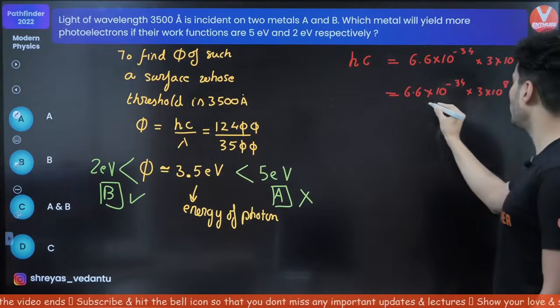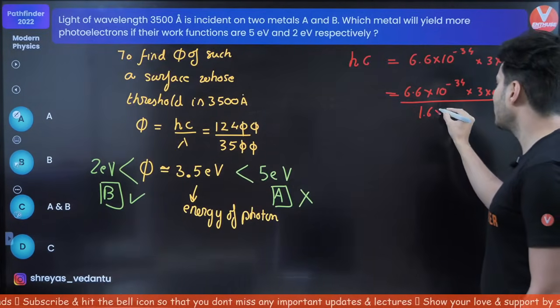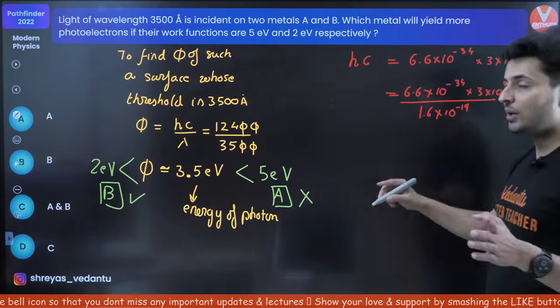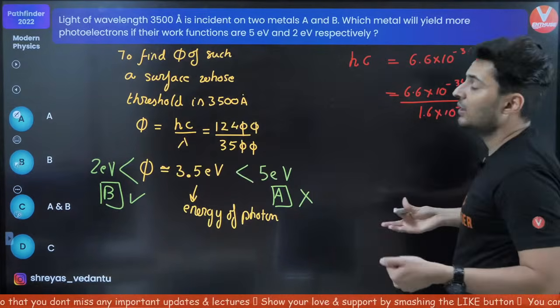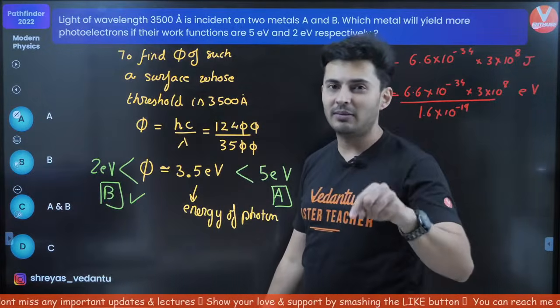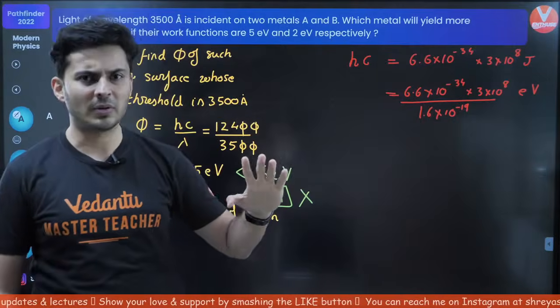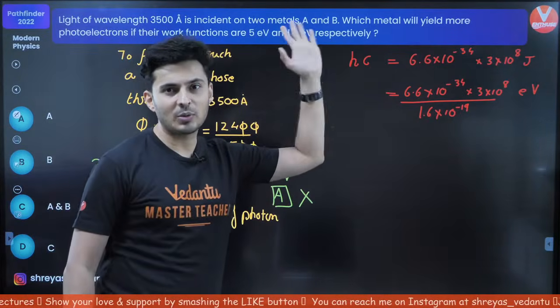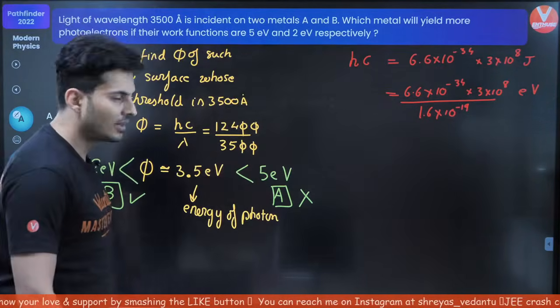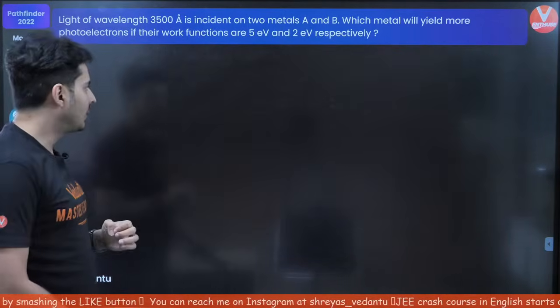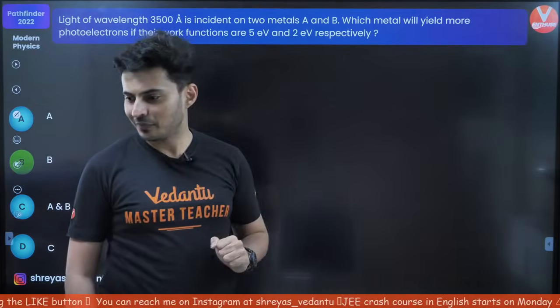But you want it in electron volt, so divide it by 1.6 into 10 to the power minus 19. That will give you 12400. And you also need to take care of the powers in the denominator because lambda is in nanometers or in Angstrom. So you adjust the powers. That's how you get the value 124. Is that okay? All right. Very good. Moving on to the next question.